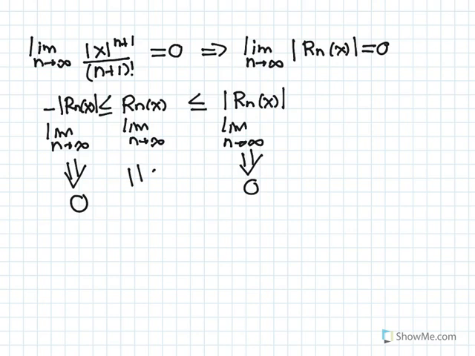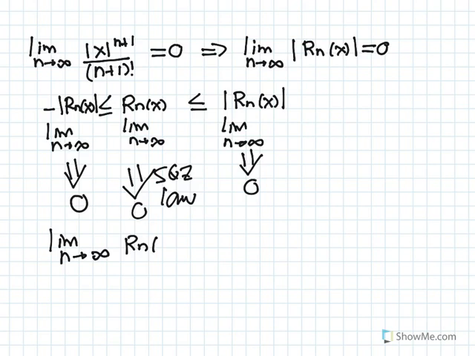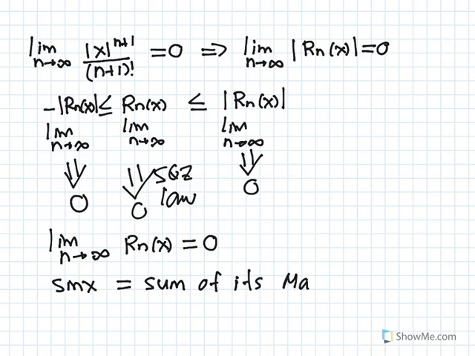So by squeeze law, the limit as n approaches infinity of Rn of x is equal to 0. So what we have proven is that sine x is equal to the sum of its Maclaurin series.